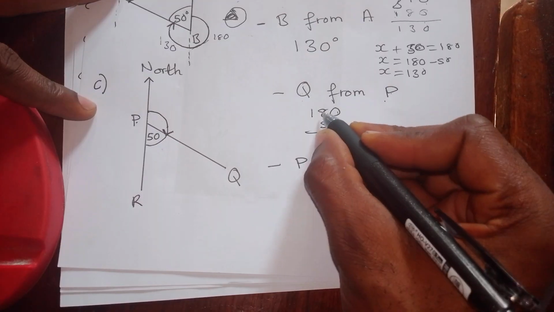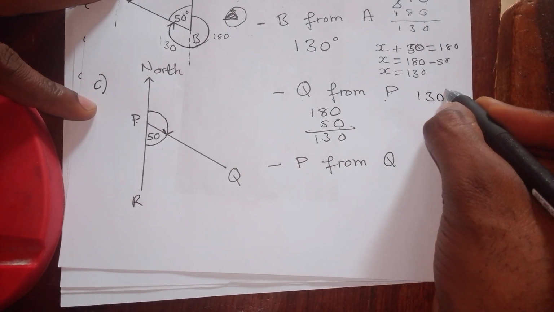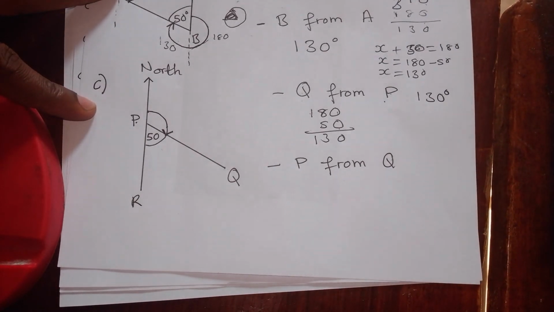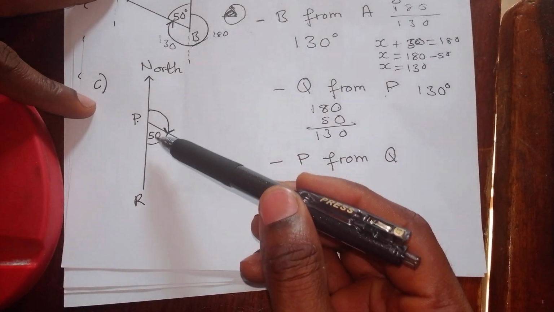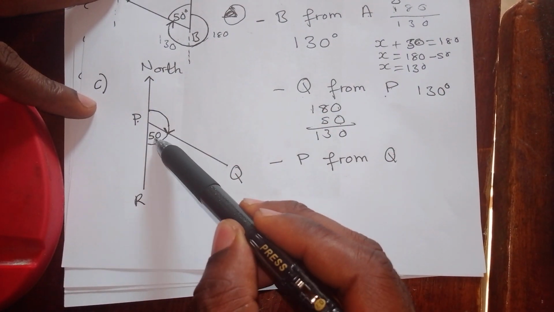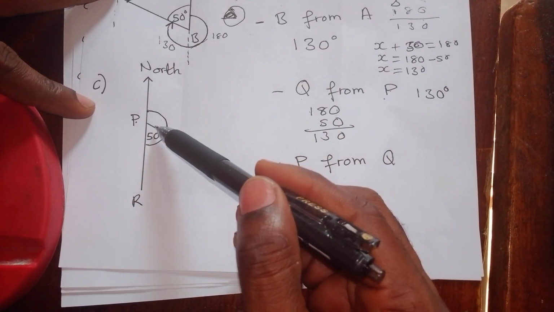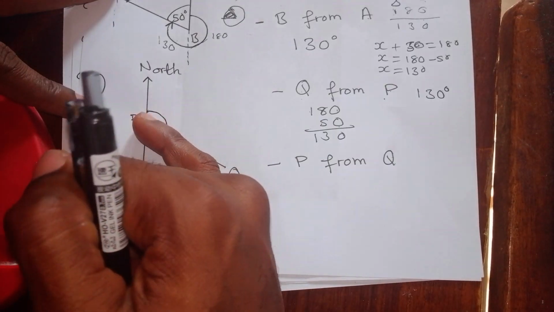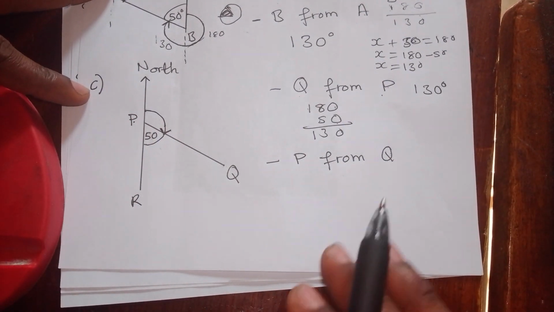So this is a 0, this is a 3, that's a 1. So your answer here is 130 degrees. You are subtracting because the straight line is composed of this part and this part combined. So for you to find the other side, you have to remove this part from 180 to get that.